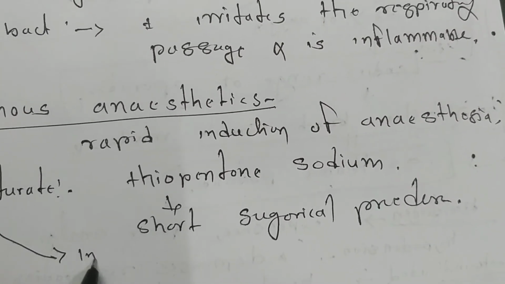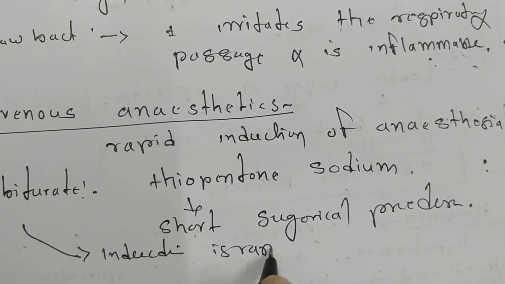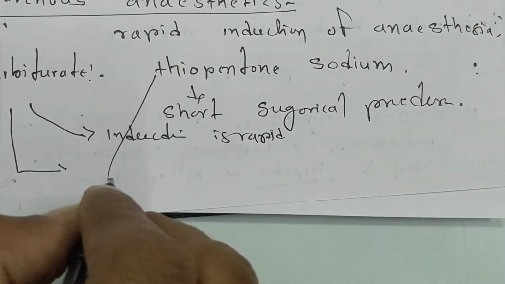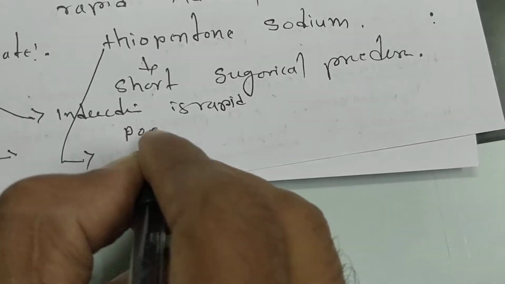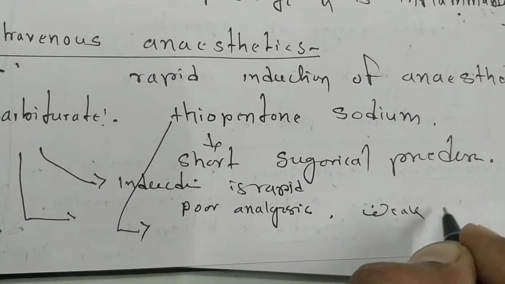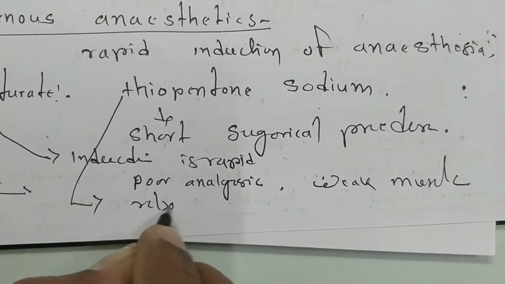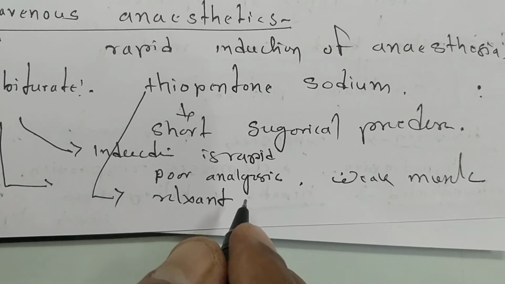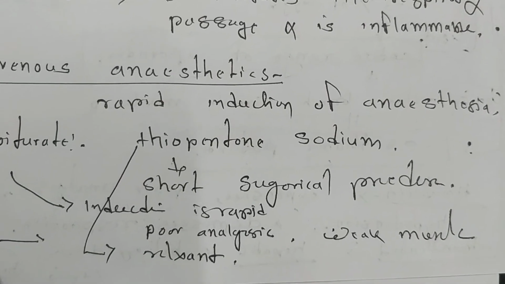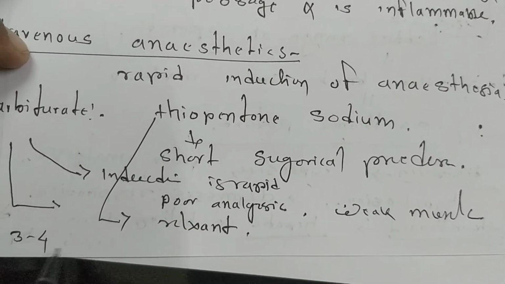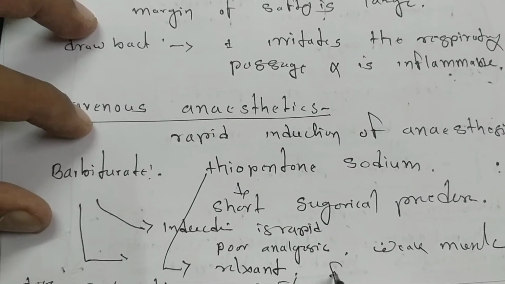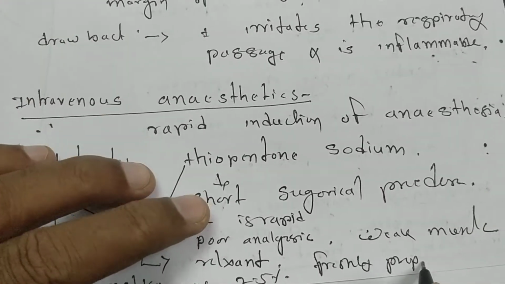Induction is very rapid, within seconds. Thiopentone sodium has a weak analgesic effect and is a weak muscle relaxant; that is its drawback. The dose commonly used is 3 to 4 mg per kilo as a 2.5% freshly prepared solution.